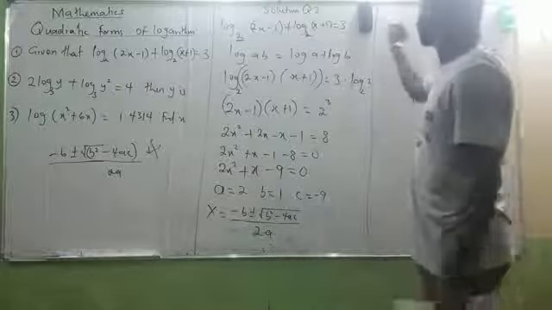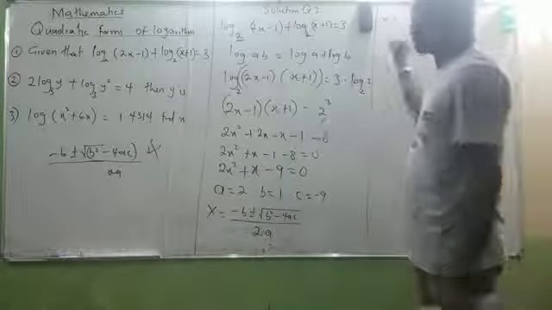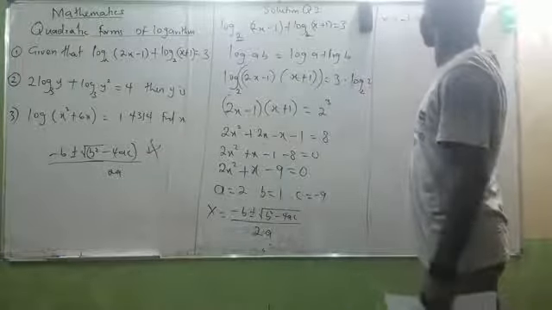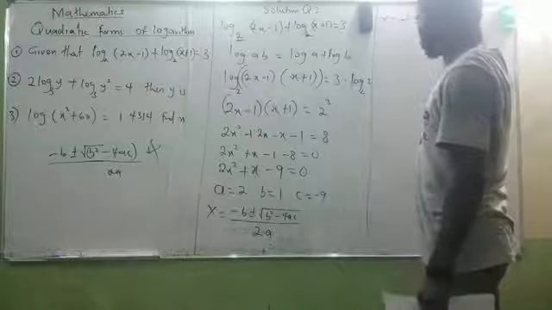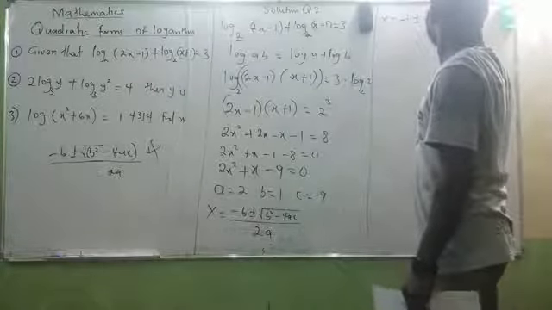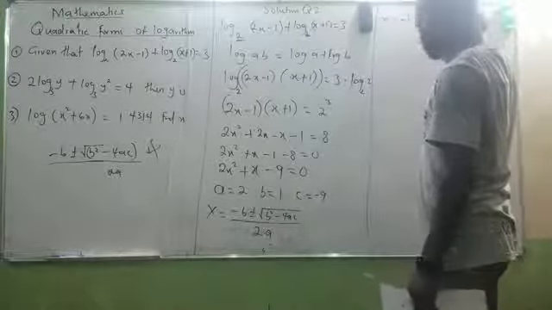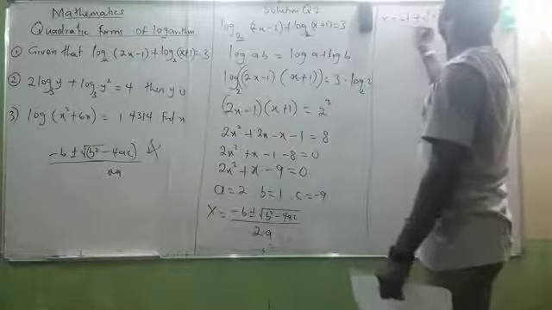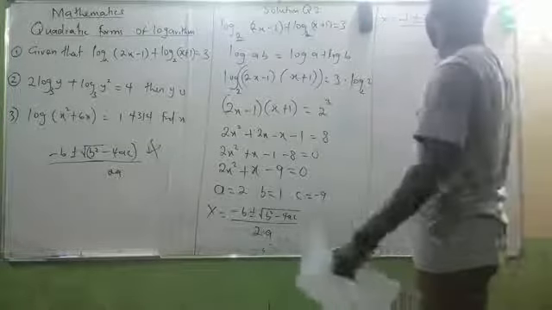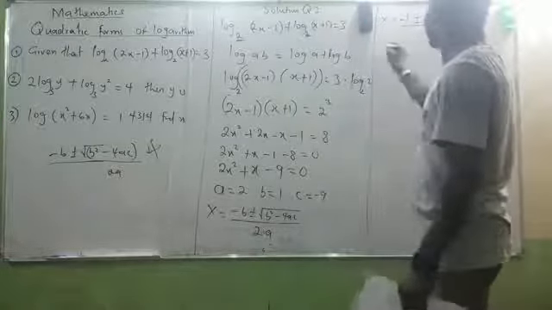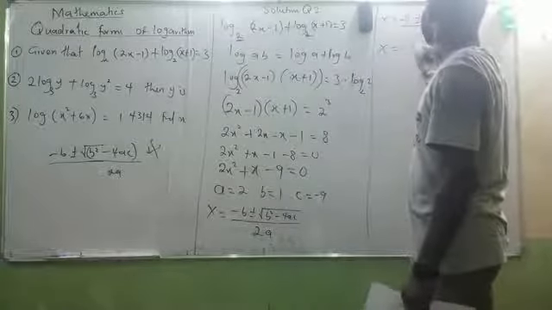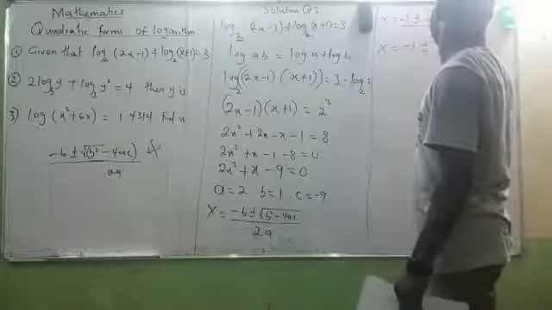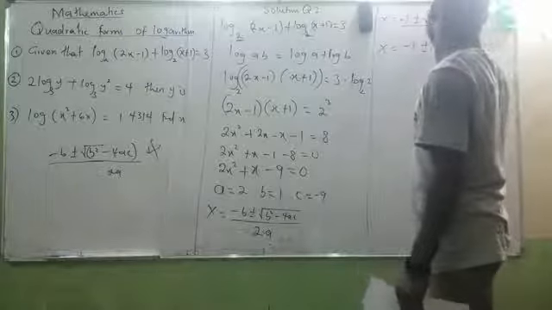Now, it means my x will be equal to minus 1 plus or minus root of 1 squared minus 4 times 2 times minus 9, all under the root, divided by 2 times 2. So x equals minus 1 plus or minus root of 1 plus 72, because plus will happen here.